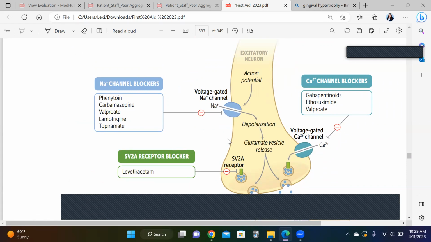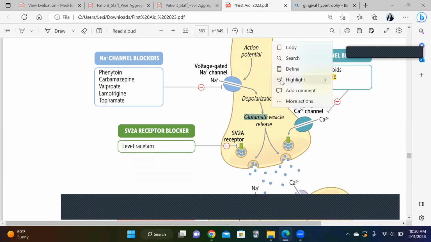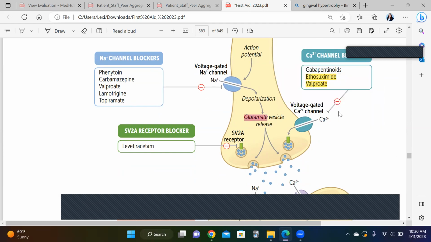Okay. So we have a ton on both. If you do want to break it up, it's ethosuximide and valproic acid that are listed as just calcium. Okay, and this is preventing the action potential from depolarizing and releasing glutamate. Is glutamate inhibitory or excitatory? Excitatory.